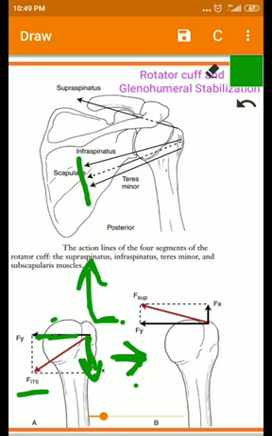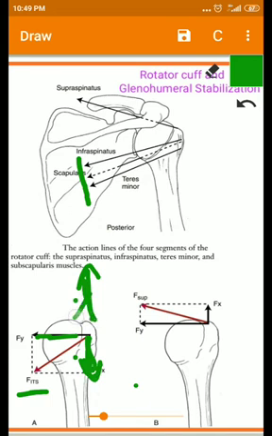Now we have seen the function of this ITS. Before going to the supraspinatus, there is another important thing regarding this ITS. What is the main function caused here by this ITS? The Fx component, that is the parallel component, is balancing the upward translatory force of the deltoid.